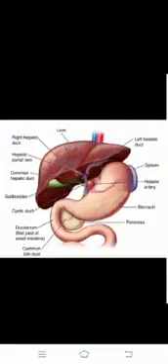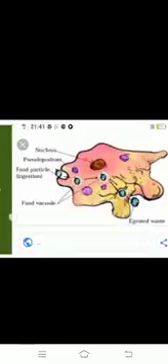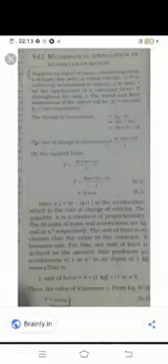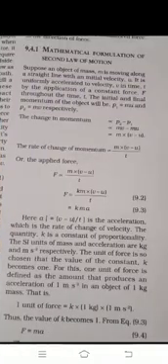Now we look at some questions. Prove that F equal ma. What can we prove? Prove that F equal ma. So here I have taken pictures from the book.